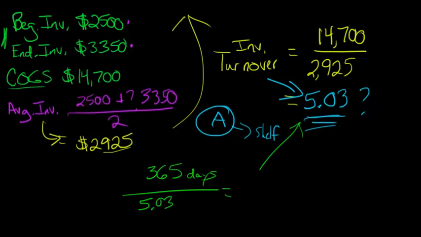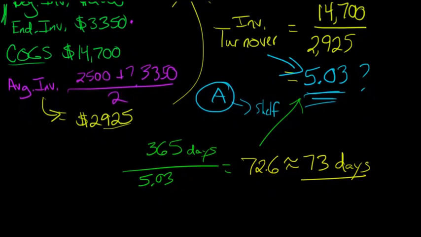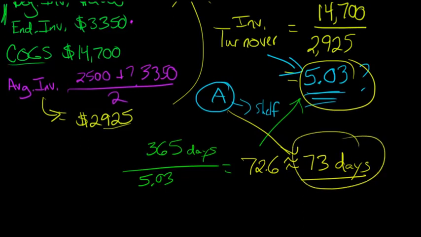Well, that gives us 72.6, which we'll round to 73. And it's 73 days. What does this mean? That means that every 73 days we sell product A. So we can think of it as turning it over 5 times a year, or we can think of it as every 73 days we sell it once.